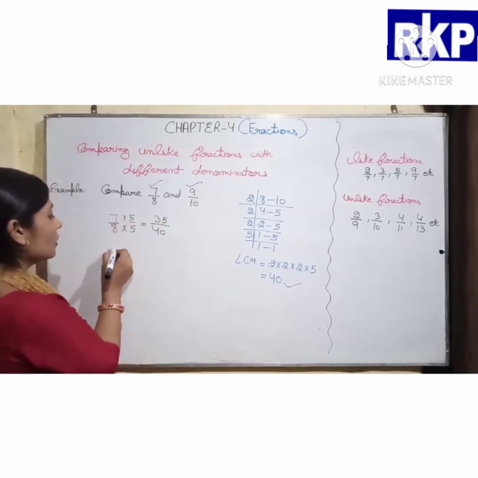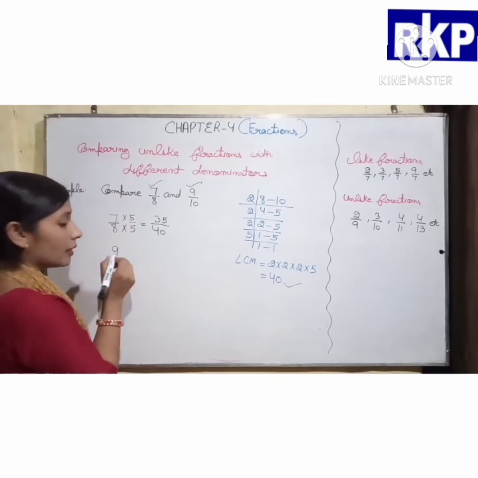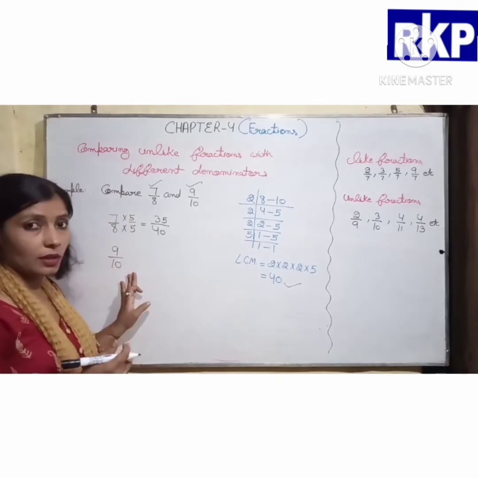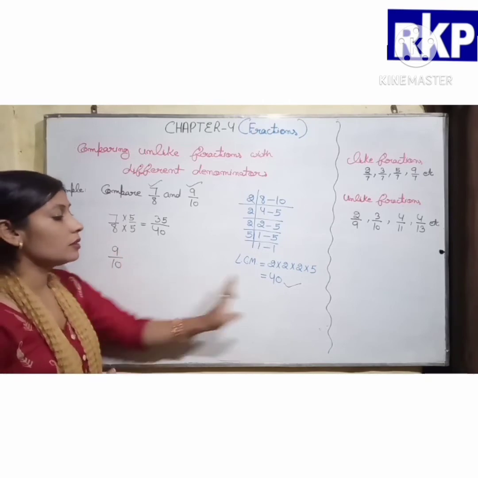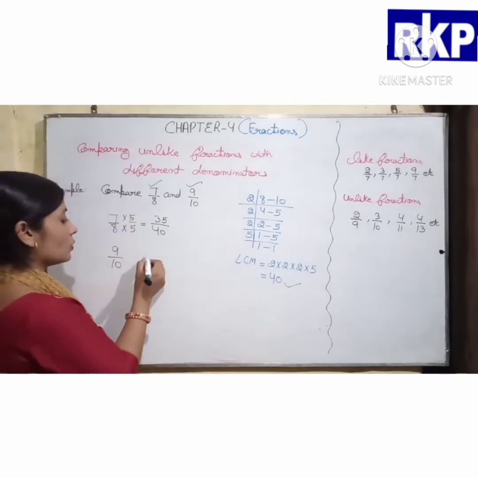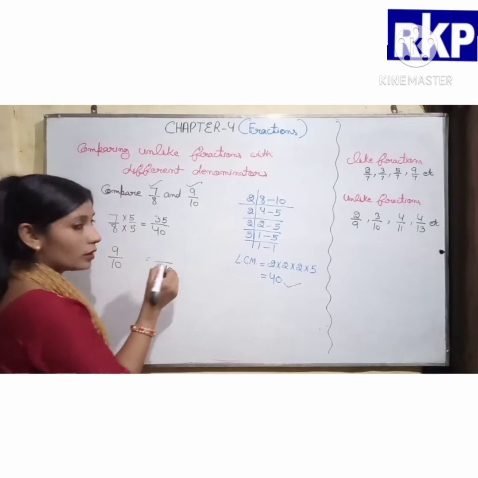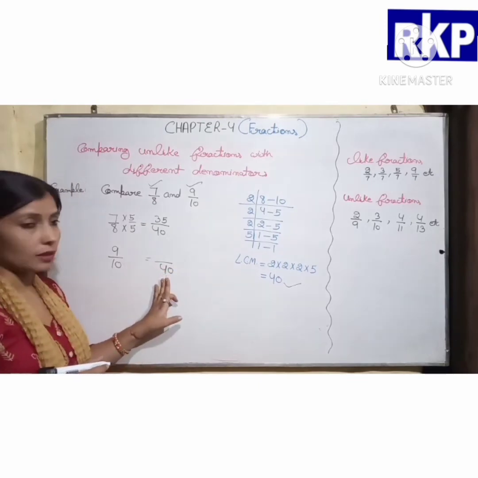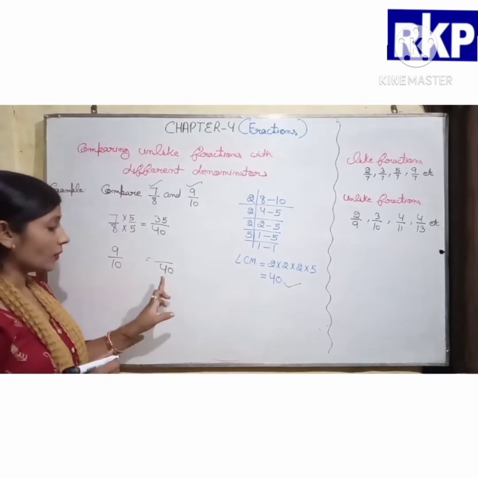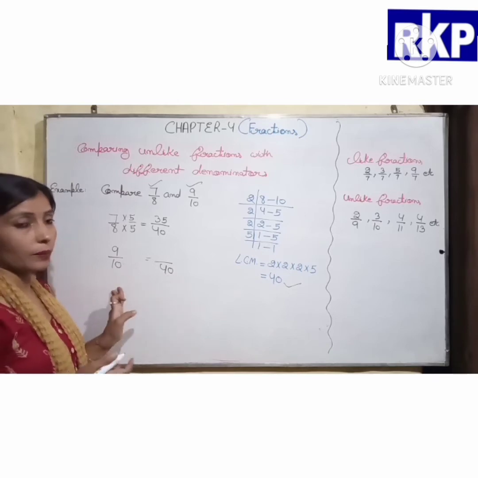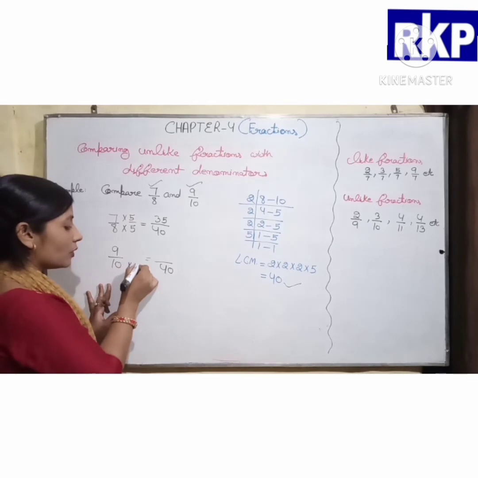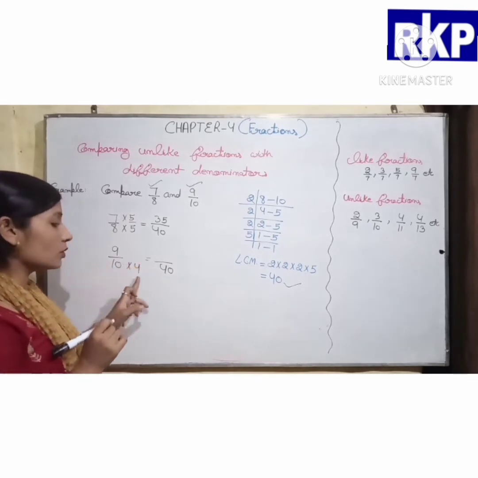Now we have to write 9 by 10 and find an equivalent fraction of 9 by 10 with denominator 40. So here also we need 40 as a denominator. Beta, here you can see 40 and here 10. How can we get 40 from 10? If we multiply this 10 with 4, 10 4s are 40.